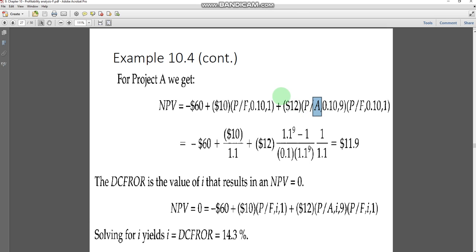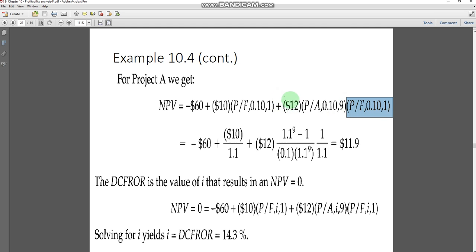Once you use that equation, it will give you the present value at the start of year 2, because we are using 9 years. Now we have to bring that value back to the start of year 1. So we will multiply it by an additional factor, P/F.